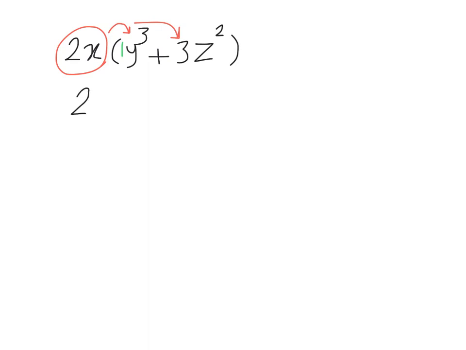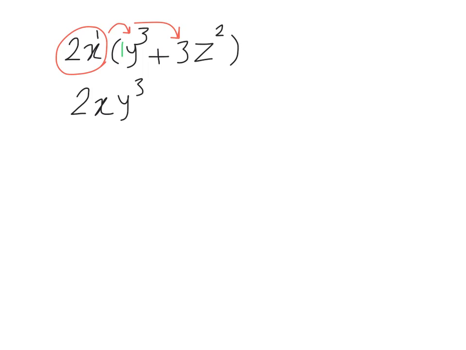And the next step, I have to multiply my letters, which means I have x power 1 times y power 3. Because they are not the same base, they're not the same letter, I cannot combine my exponent, therefore it's going to be x multiplied by y cubed. My answer is going to be 2xy cubed. That's for my first term.